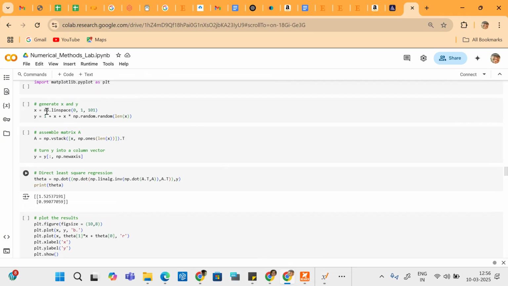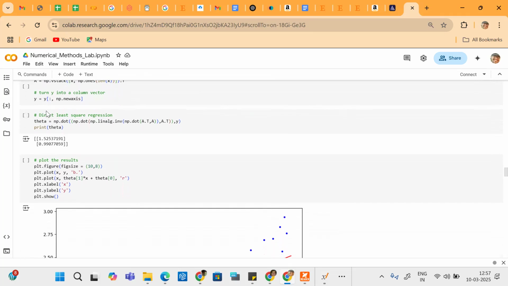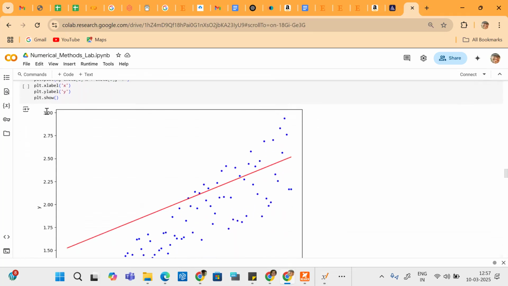Does this line, where my cursor is, exactly tell you this? So you see the theta, these are the coefficients W0, W1, and you are plotting that in a red line.